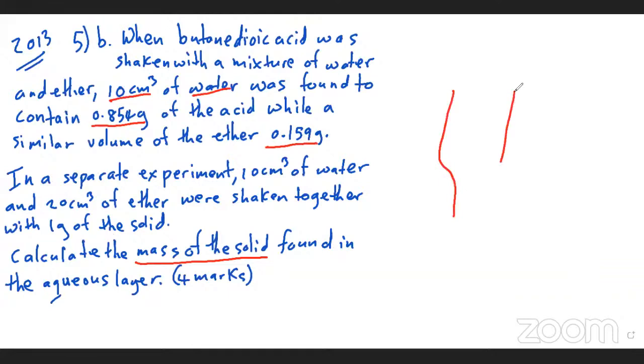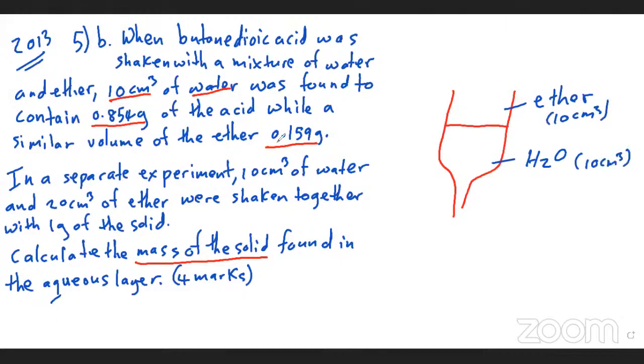You have your separating funnel, you have the two layers. Down here you have the water, above it you have the ether, and the volume of each of them is 10 cm cube.